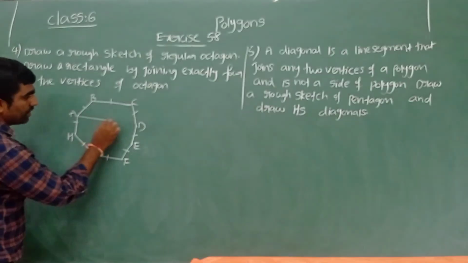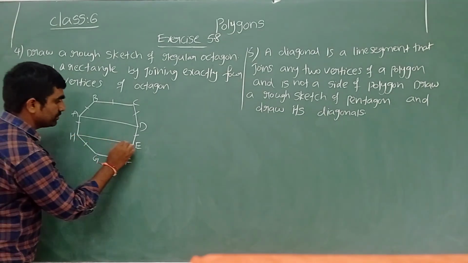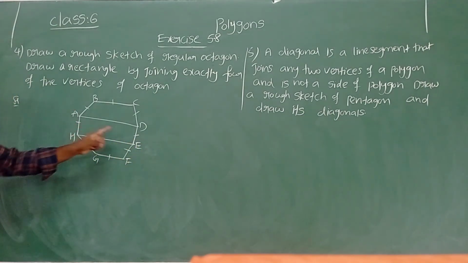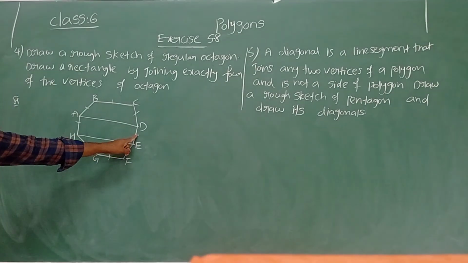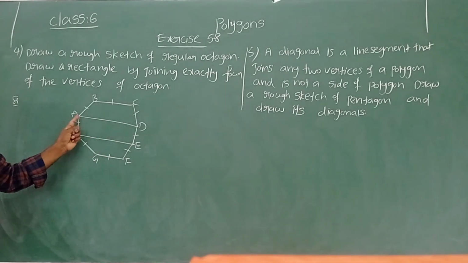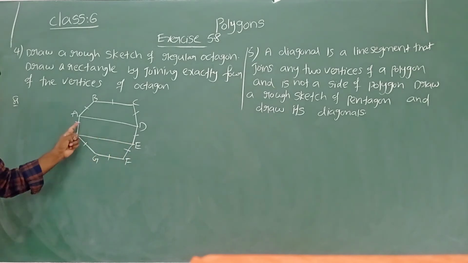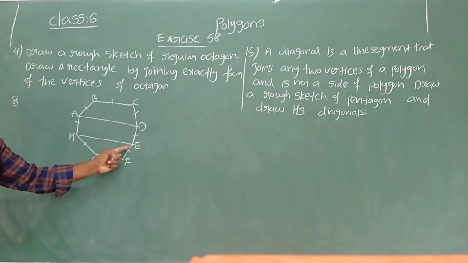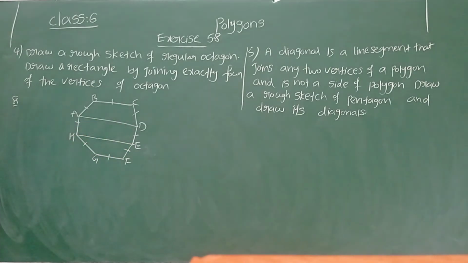So let me join AD and HE. Already one pair of opposite sides are parallel. And see here, AD and HE are also equal in length. Now in ADEH you can see right angles also. So it is called a rectangle.